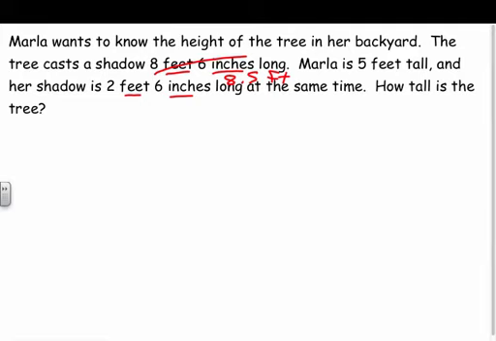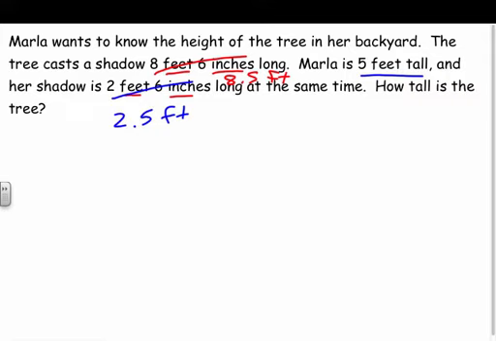And down here, instead of saying 2 feet 6 inches, it's really 2 and 6/12, which is 2 and 1/2, so 2.5 feet. So now I have all feet. I'm dealing with 2.5 feet, 8.5 feet, and 5 feet over here. So it's good to get it all in the same type of unit.